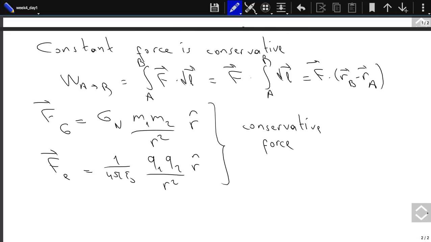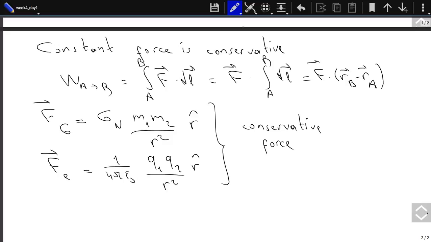Now, we said that for a conservative force, the work done as you go from A to B depends only on the initial and the final points. If you look at this example of a conservative force, you see that, in fact, the work done is nothing but the difference of two functions, one of them depending only on the final point, and the other depending only on the initial point.